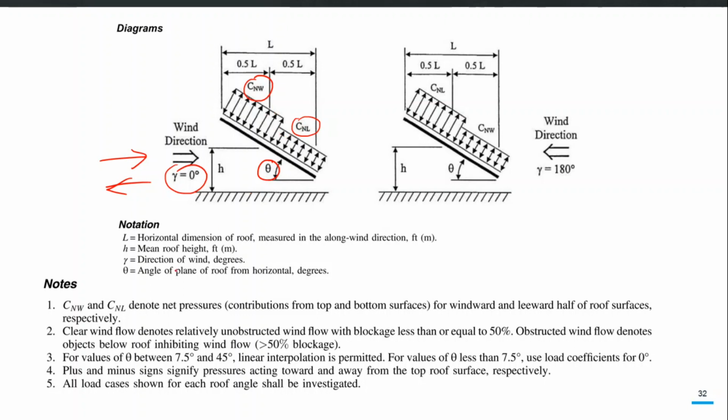Similarly, other factors are explained in this notation table also. So CNW and CNL denote net pressure contributions from top and bottom surfaces from the windward and leeward half of the roof surfaces. So this is for windward, this is the net pressure coefficient from leeward.